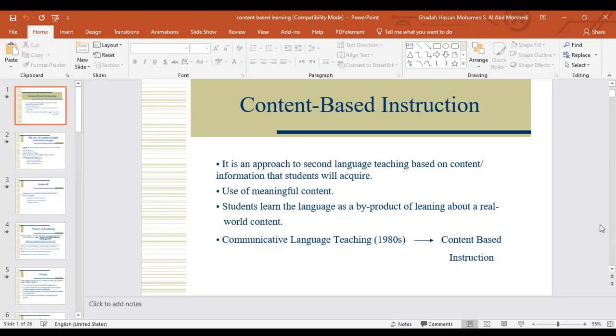If we go historically to the approaches of teaching or learning the language, in the 80s it was communicative language teaching, which we already had discussed, and they moved later on to content-based instruction.